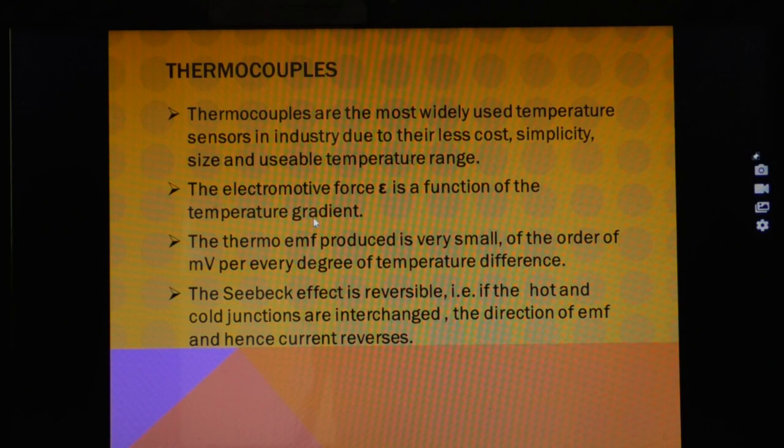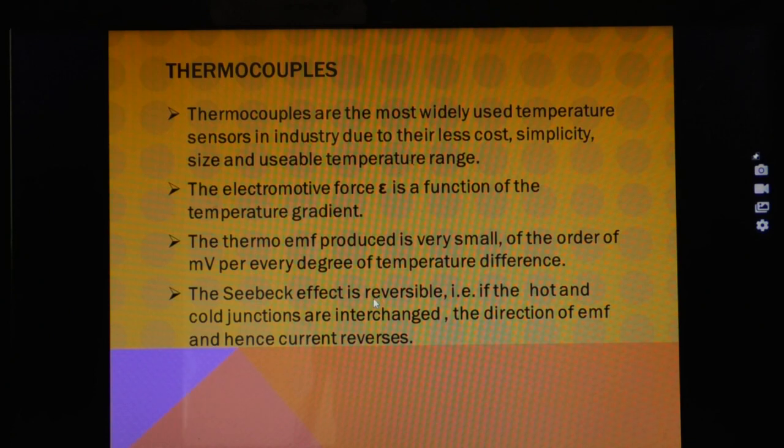When temperature changes, there is an EMF which is produced. The thermo EMF produced is very small, of the order of millivolts for every degree of temperature difference, that is delta T. The Seebeck effect is reversible.